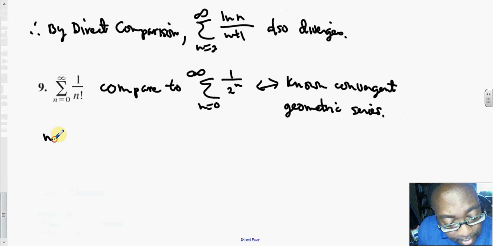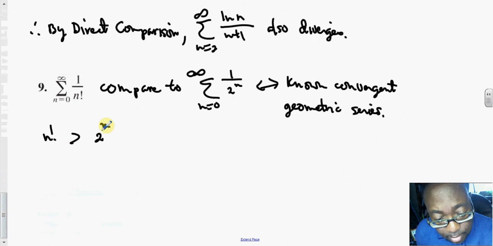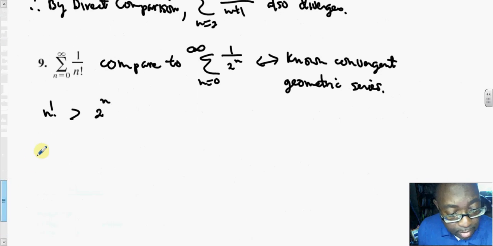Now, if you look at here, the natural log of n, you compare this to 2 to the n. This is greater than 2 to the n. And you can look at some of those values if you want.